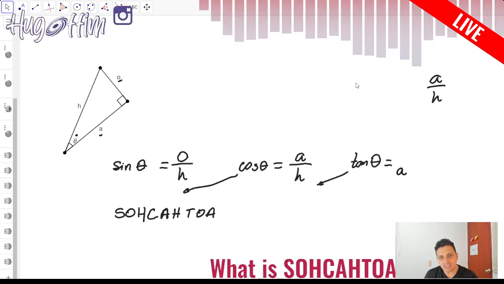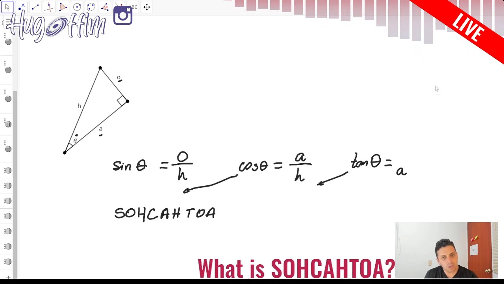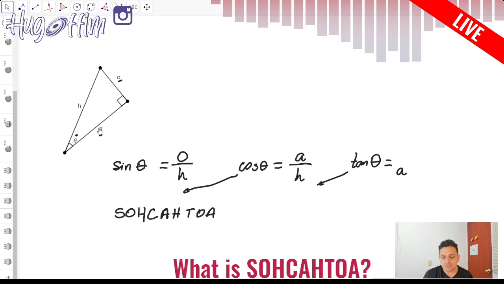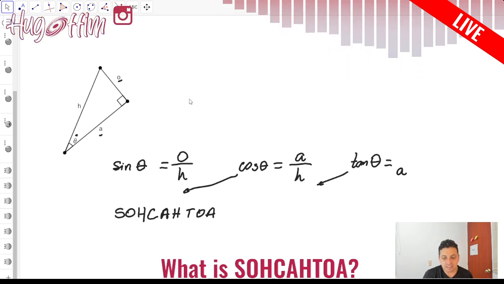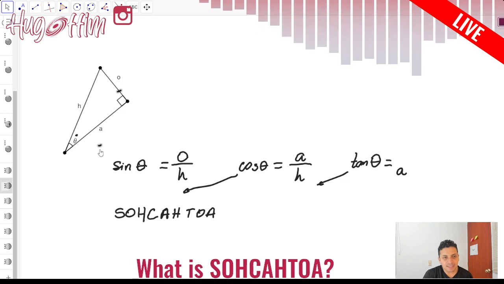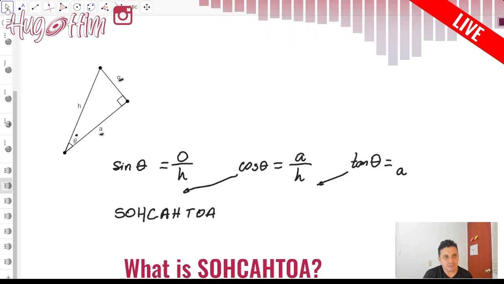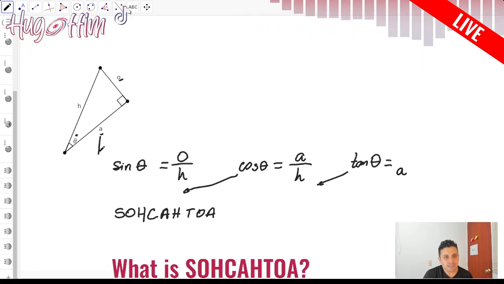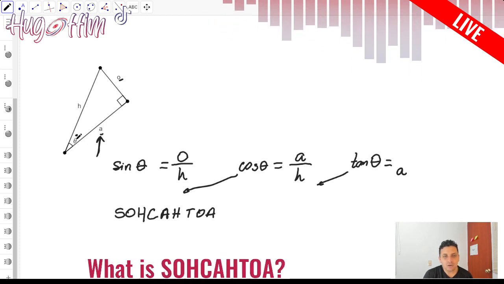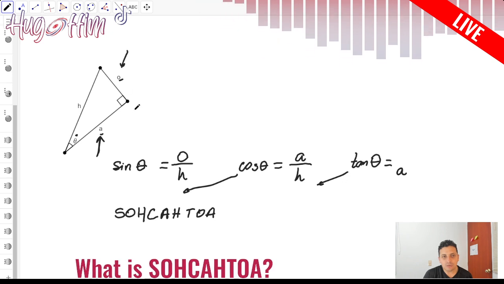So just imagine that you have values of your triangles and you want to find out any value. Let's say, for example, that you have the adjacent side, and you have the angle, and you want to find out the opposite side.